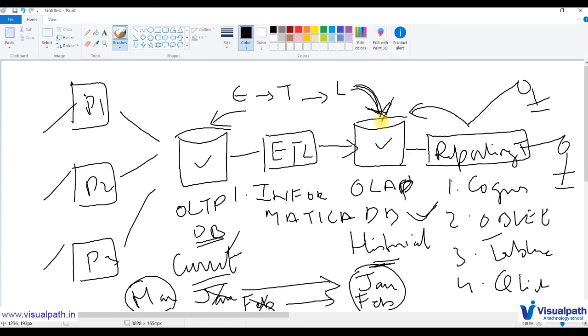It may be a daily frequency or weekly, whatever it is. Once the data is available in my OLAP database, our reporting people pick up the data from there, create your reports, and simply hand them over to our end users. So this is the whole process generally. Hope you understood now what an ETL tool is, what an Informatica tool is, what it does, and where we require this particular tool. Okay.